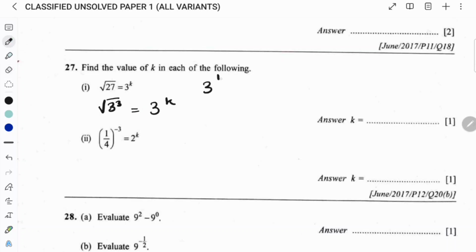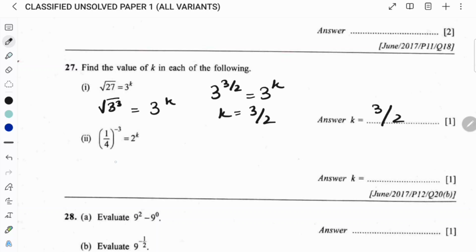Just wait, this is 3 cube, but its square root, so in the denominator you write down 2. 3 over 2 is equal to 3 to the power k, then k will be equal to 3 upon 2. Okay, if it is a cube root, we write down 3 in the denominator. If it is a fourth root, we write down 4 in the denominator.